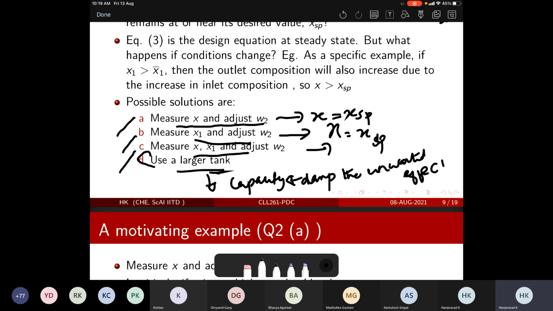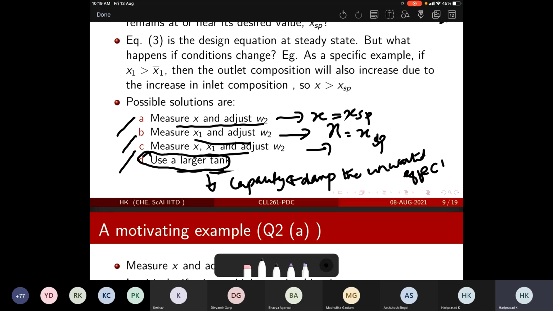Then, of course, there is a naive way of doing it, using a larger tank. In the sense that what would happen if you use a large tank? You have a very large tank, and if you work with high volumes, the variability will not be manifested, due to the large capacity.